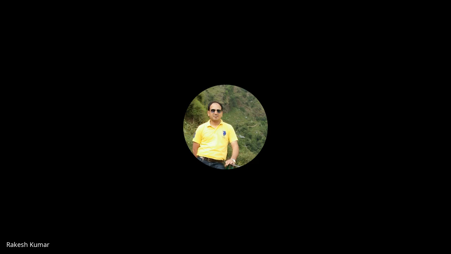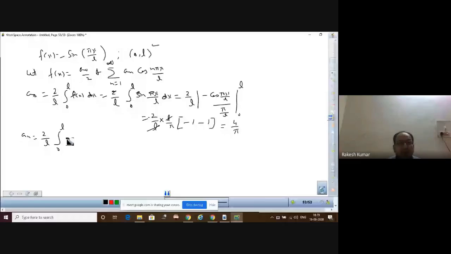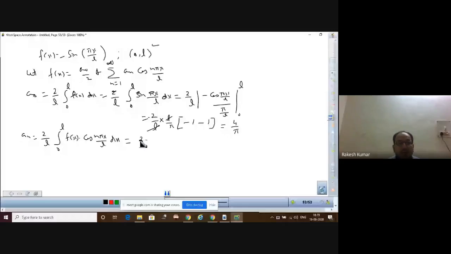Now find out the second Euler constant a n, that is 2 by L, integral 0 to L, f of x into cos of n pi x over L dx. So use the value of f of x, that is sine pi x over L into cos of n pi x over L dx.